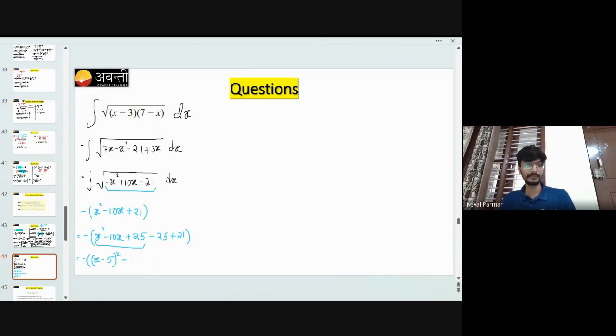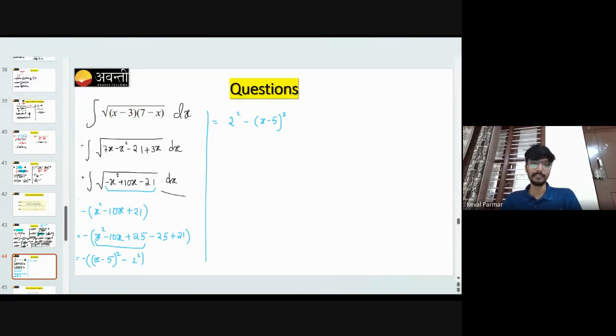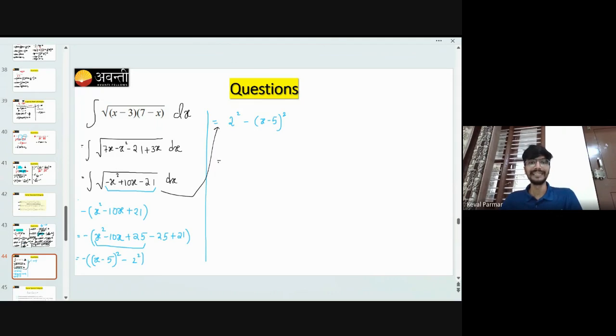So I can write minus 2 square. That means if I open the bracket, if I took minus inside, I'll get 2 square minus x minus 5, the whole square. That means in place of this, I can use this. So my integration will become integration of under root of 2 square minus x minus 5, the whole square dx.